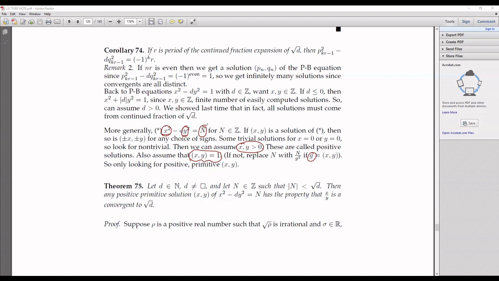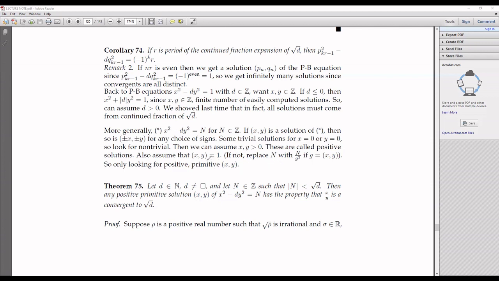So g squared has to divide n, and if it does, divide both sides of the equation by g squared to get to a situation where indeed the GCD of x, y is 1. So even if the GCD of x, y is not 1, we can produce a situation where their GCD is 1 just by dividing by their GCD squared.